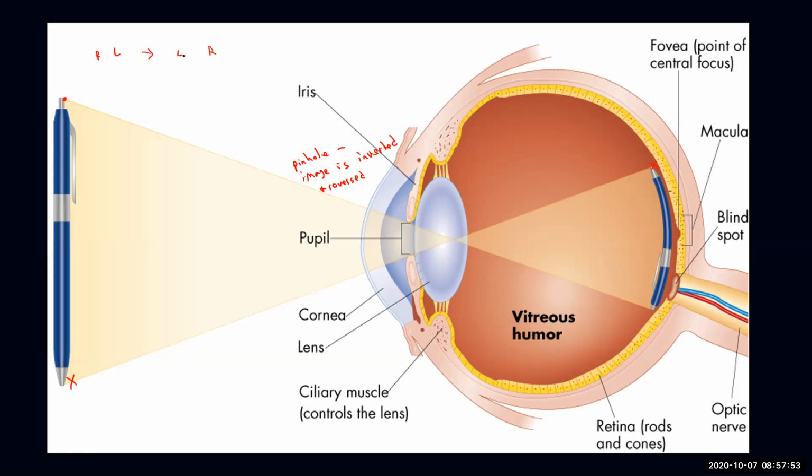Now this doesn't matter because your brain compensates for this change in the image, but you just need to understand this. Because when we move to the connections, it will mess you up if you don't remember that.